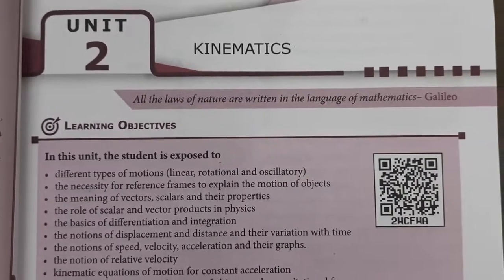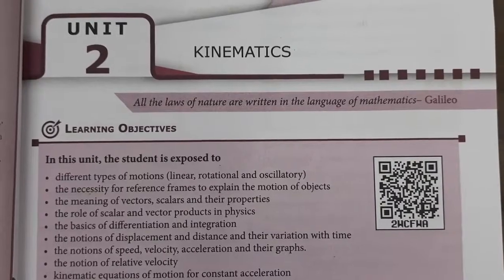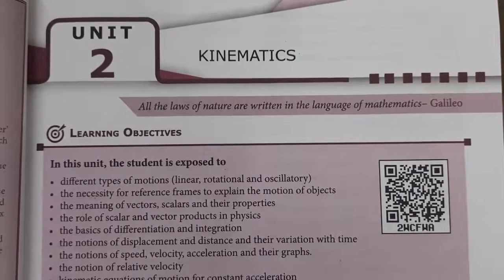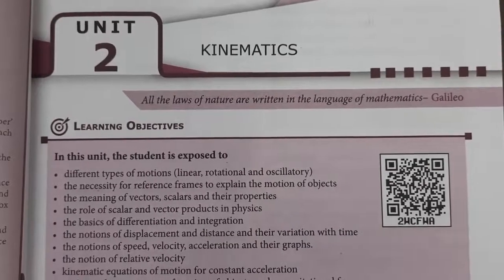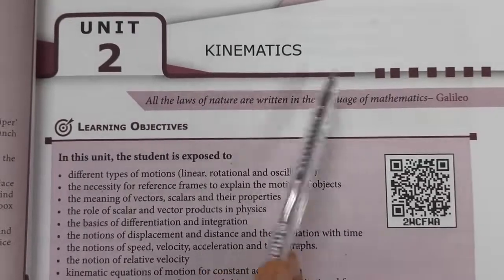I believe that you have learned the book bag questions for unit 1 and unit 2 that I have completed. Okay, we are in the second chapter. The second chapter is kinematics.